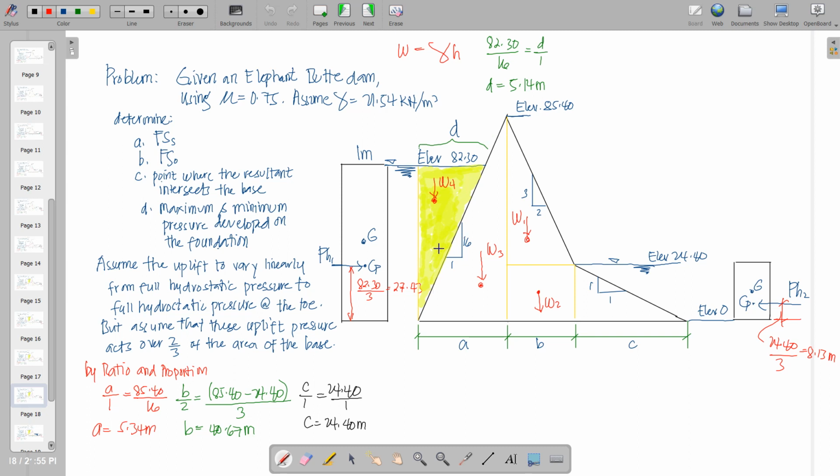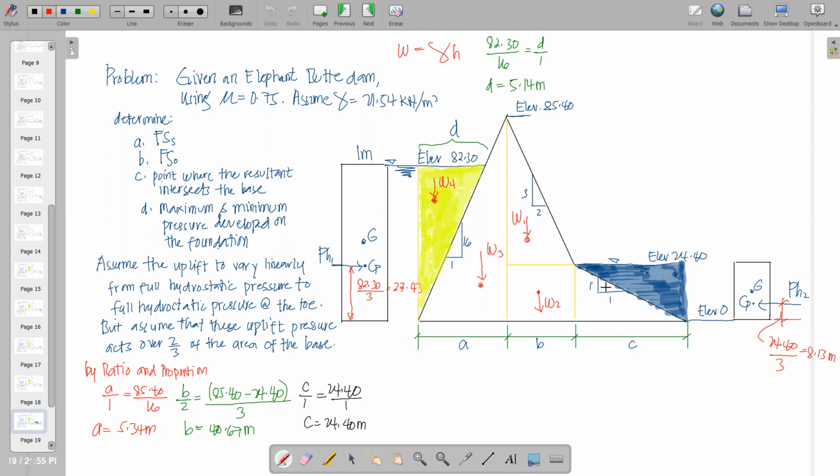So how is that? Horizontal D is to the horizontal 1, as the vertical dimension 82.3 is to the vertical slope. So here's the ratio, and from that we can compute it by cross multiplication.